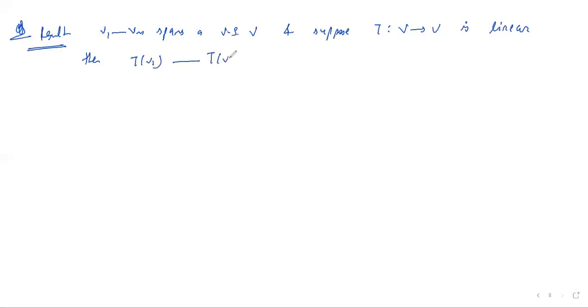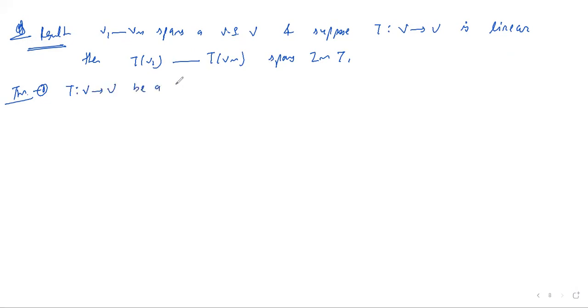So the result is that if v1 to vm span a vector space V, and suppose that T from V to U is linear, that the transformation is linear, then T of v1 to T of vm span the image of T.